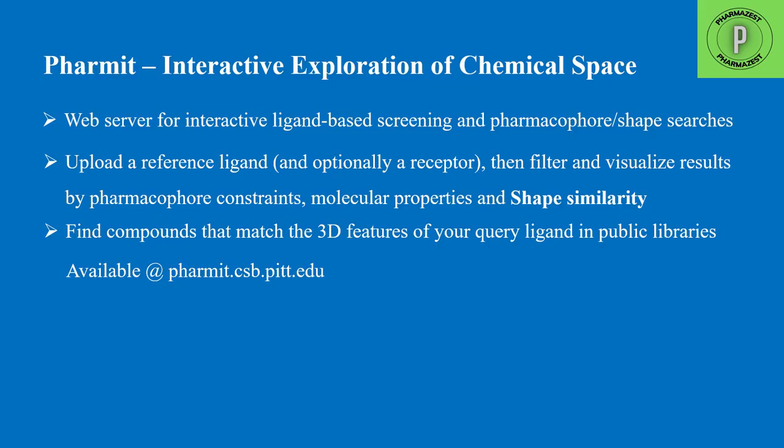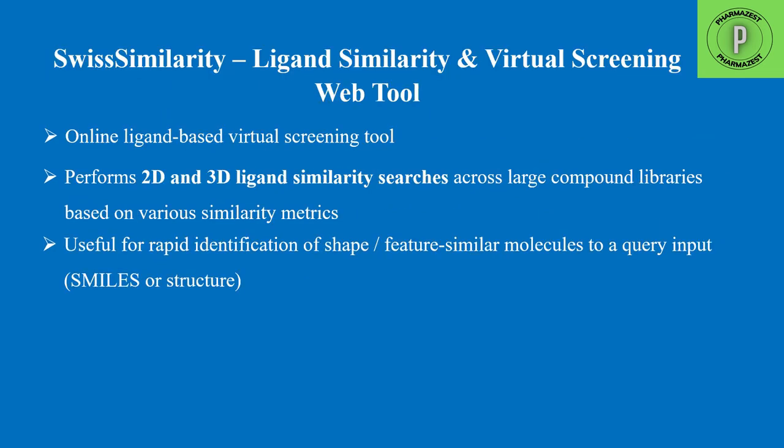You can give different search terms. You can search the database based on pharmacophoric features, molecular properties, or shape similarity. Here you can find compounds which have the same three-dimensional features as your query ligand. Next, another web-based tool is SwissSimilarity.